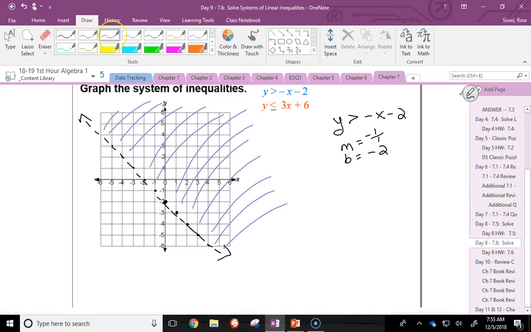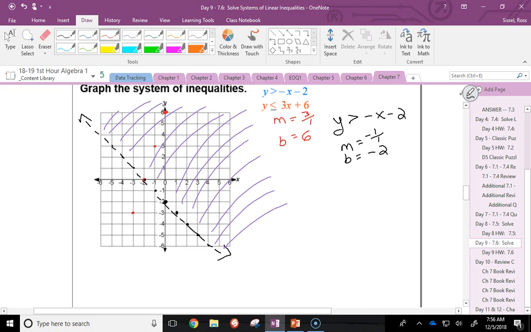For our second equation, it's already in slope-intercept form. My y-intercept is 6. My slope is 3 over 1. So I go to 6. And 3 over 1, well, I'm going to go off the graph, so I'm going to do the opposite, -3 over -1. 1, 2, 3, 1. 1, 2, 3, 1.